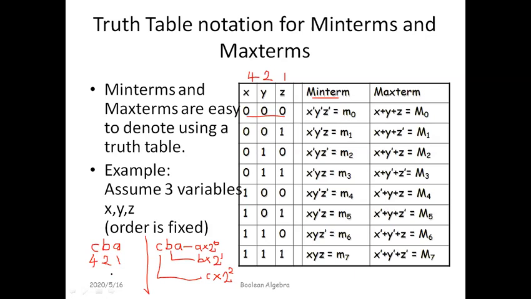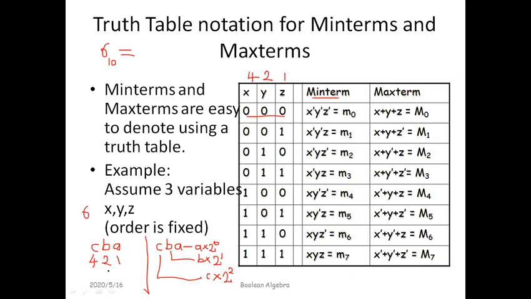To get a decimal number 6 in binary, we don't know what A, B, C stand for, but we know they are bits, zeros or ones.